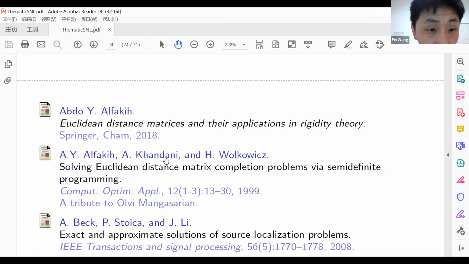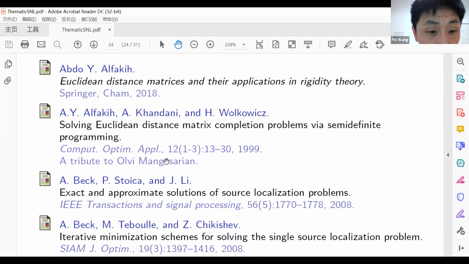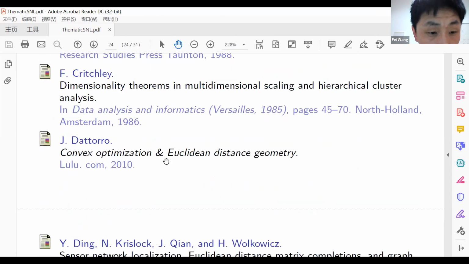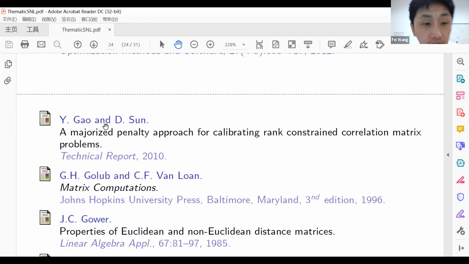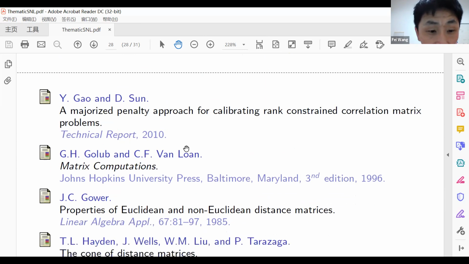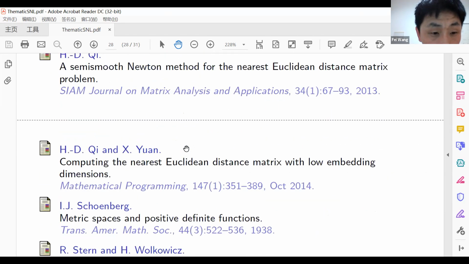And here are some references. This is the reference for the method we use to solve the nearest EDM problem, and also the rank majorization approach.